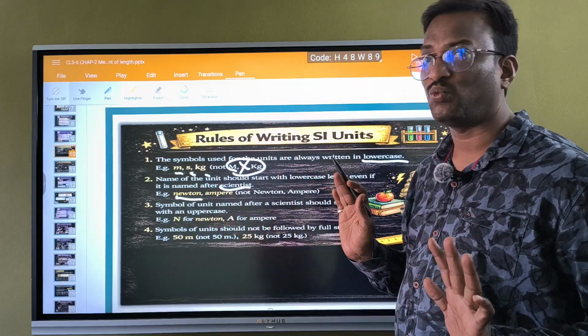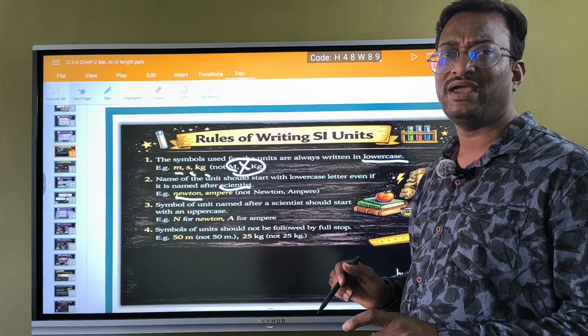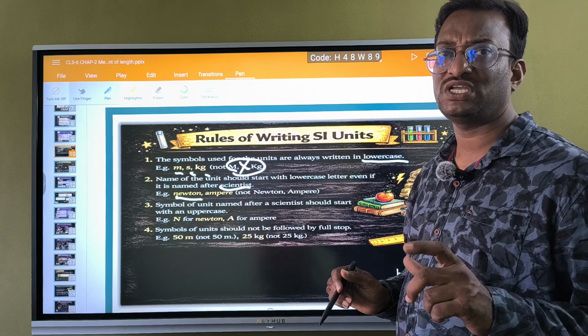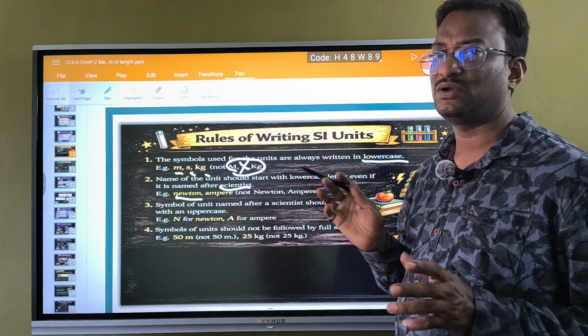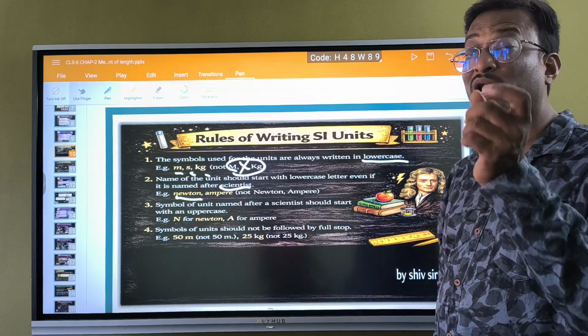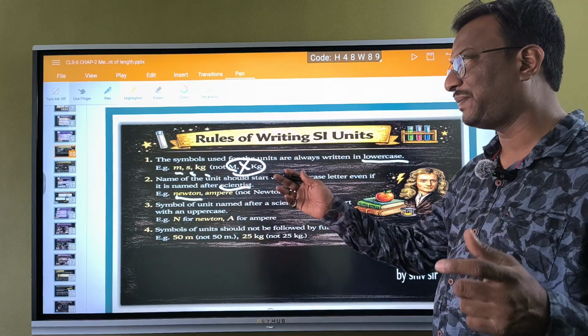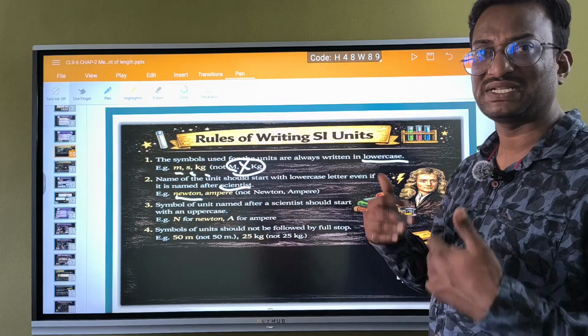You should not use a capital while writing the name, though it may be the name of the scientist. Generally in English we say the name of a person should be capital letter. No, here it should not be used. It should be only small letters when you write that unit name completely.